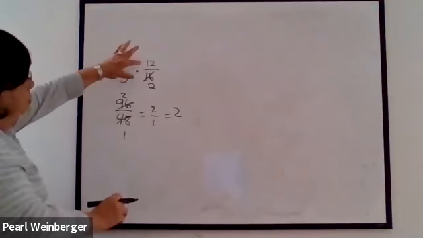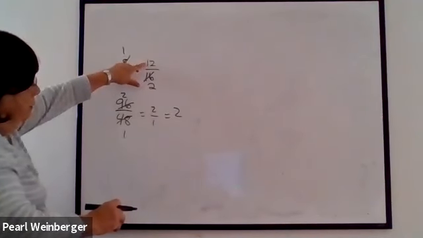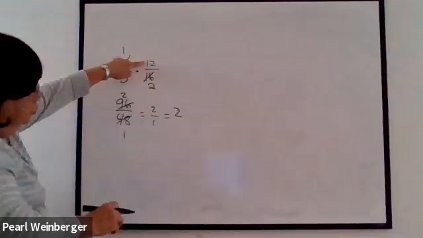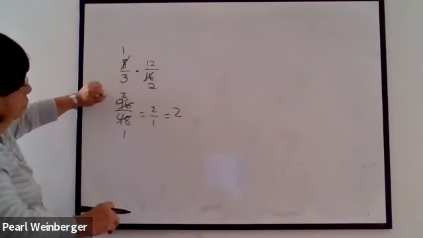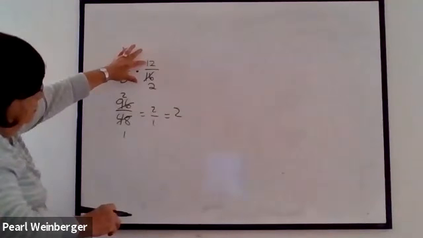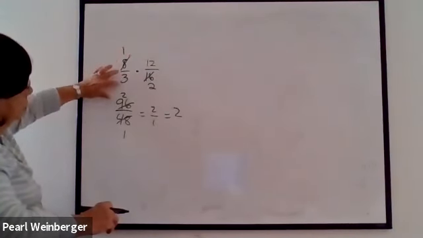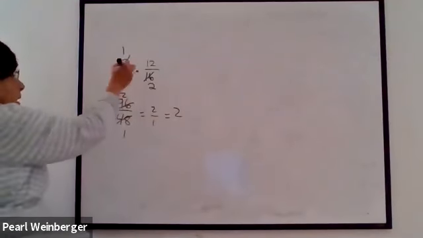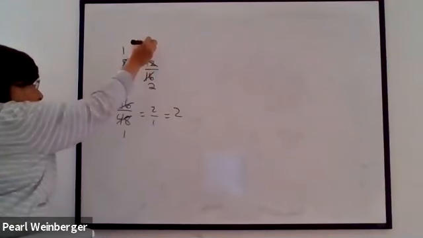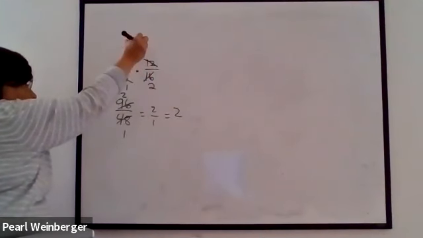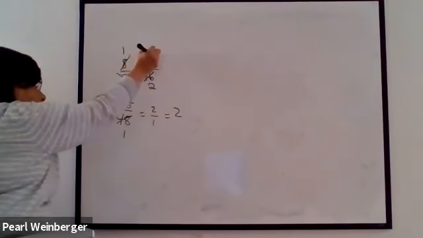I then go to my next number, which is 12. There's a 12 in the numerator in the top. Is there anything I can cancel out with the 12 in the denominator? And yes, I can cancel out the 12 on top with the 3 on the bottom. I cancel out this 3, gives me a 1. 3 divided into 12 gives me 4.